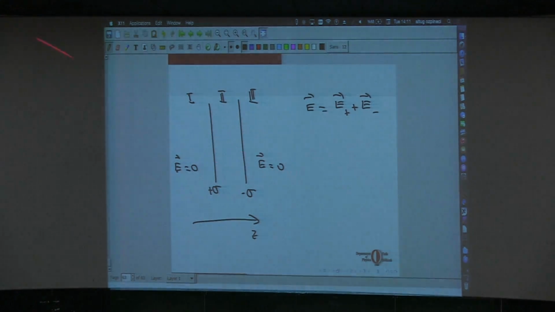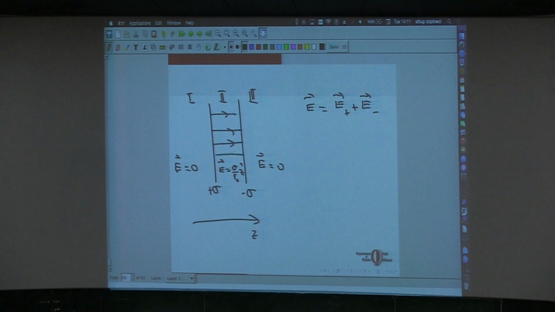So their magnitudes are still the same, but in opposite directions, so they cancel each other. In between, we found that the electric field was sigma over epsilon 0 in the Z direction. This is just a uniform electric field from the positive charge to the negative charge.